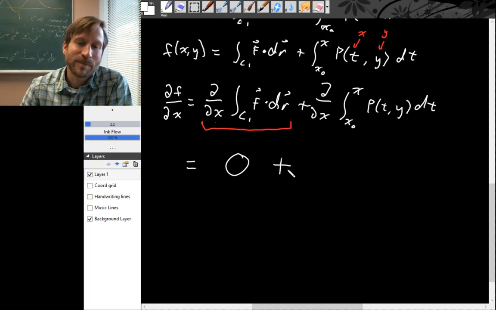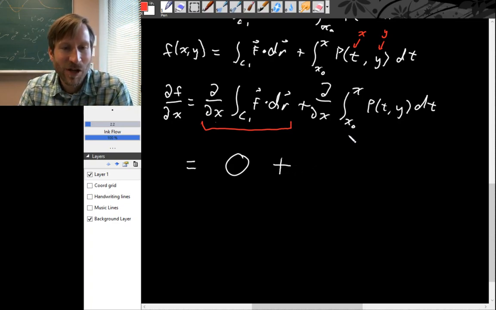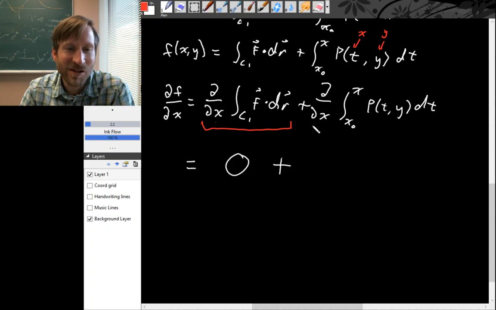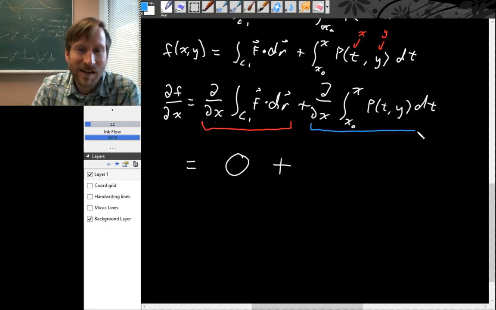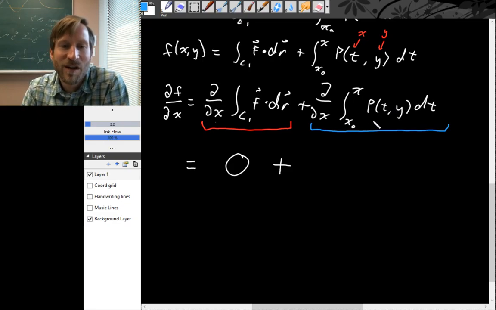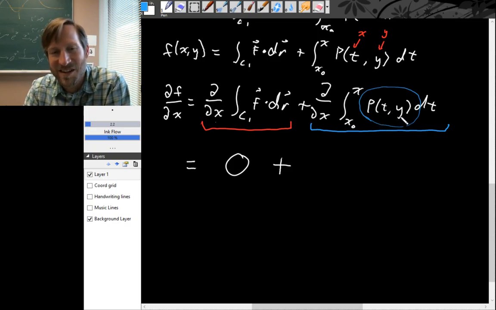All right. Now, what about this second line integral? Well, we have a function of one variable. P is a function only of t. Y is a constant here. Remember, along this part of the path, y is constant. So the only thing that changes in this integral is t. So we have a function of a single variable, and we're integrating from x0 to x, and we're letting x change a little bit. We're taking a derivative with respect to x.